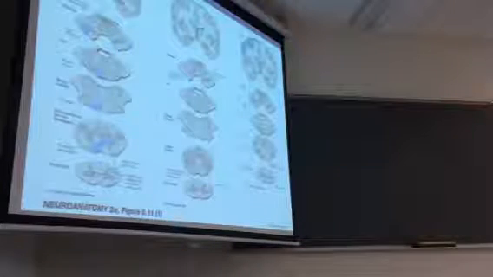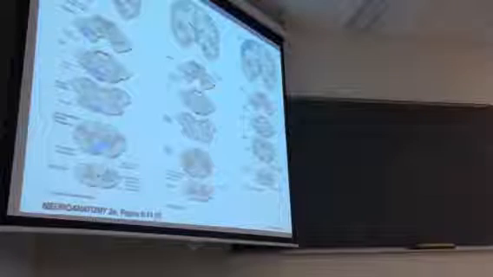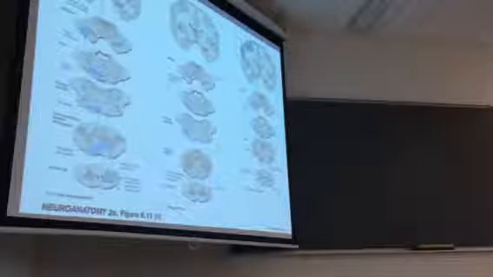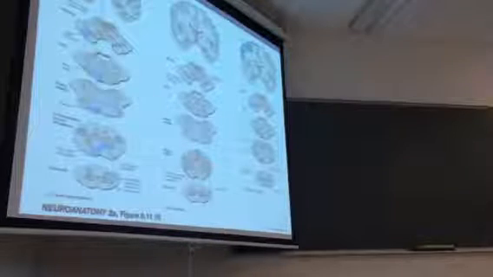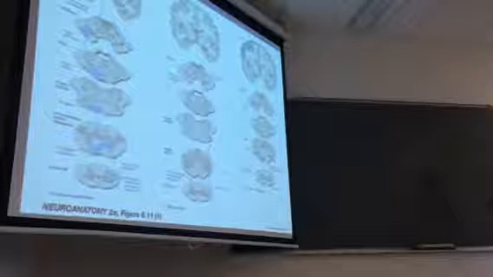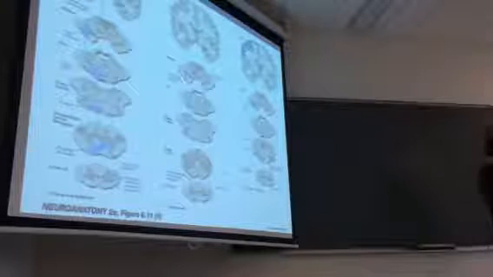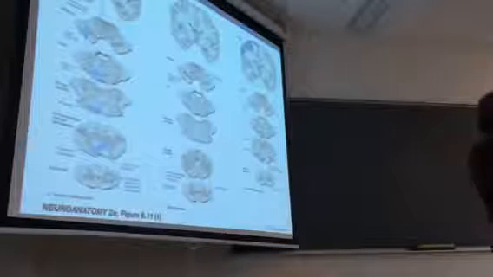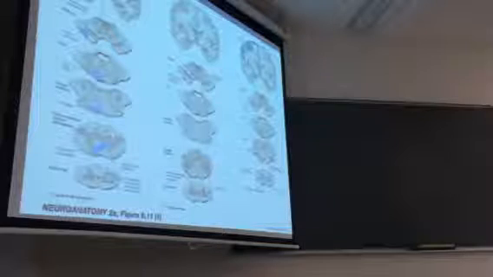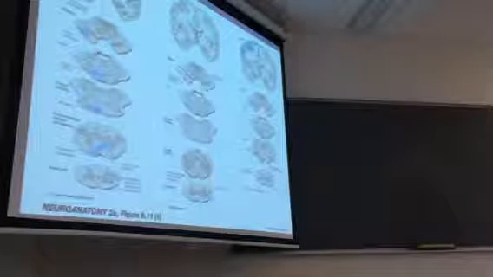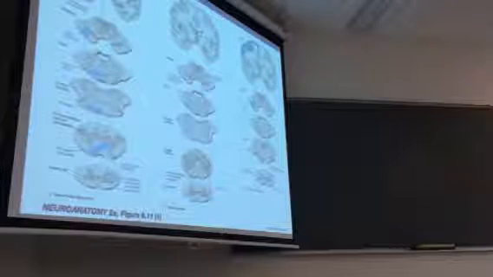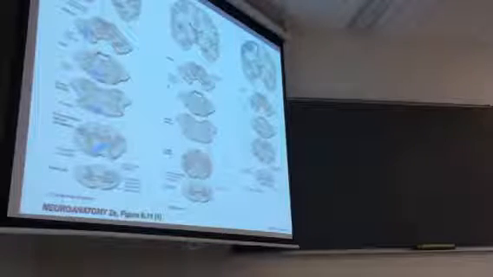Now, tracks, descending motor pathways. The approach that you should take. Number one, where does the pathway start? Number two, how many neurons are involved? Number three, where do synapses occur? And number four, where is a point of decussation?